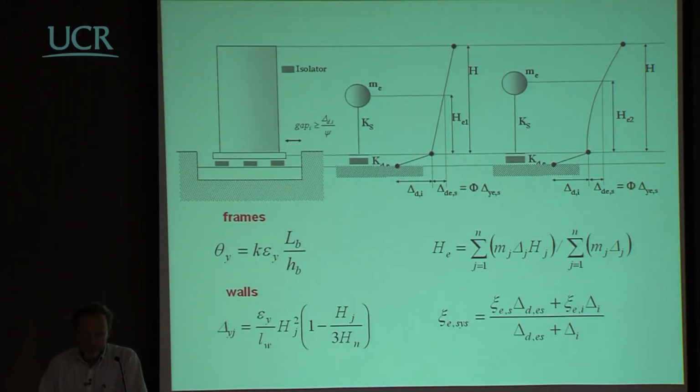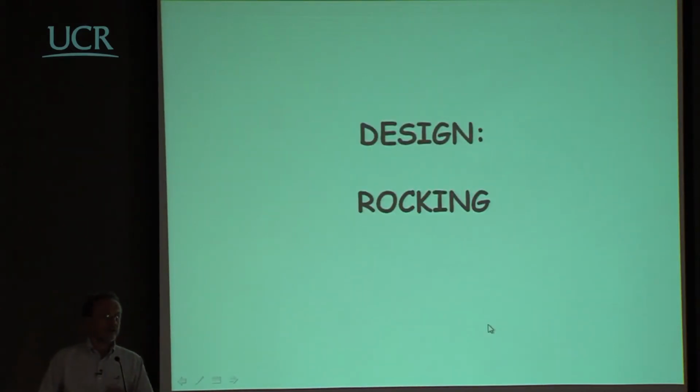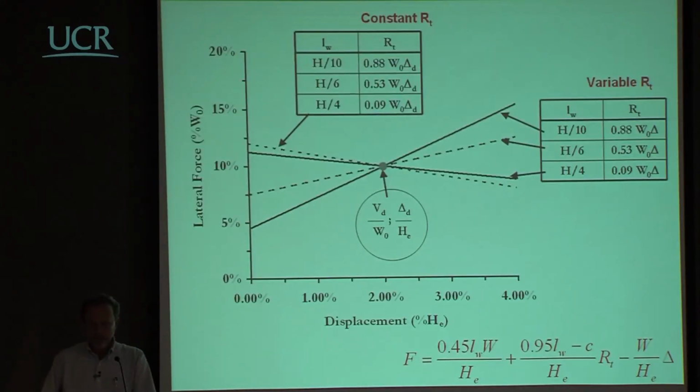If you do that, then you can assume these are just the yield rotation and the yield displacement of frames and walls, the one that we've been discussing this morning. And then you calculate the equivalent height of the building, and you calculate the total equivalent damping. And now you have all the ingredients, and you do what we have been discussing all the way today.